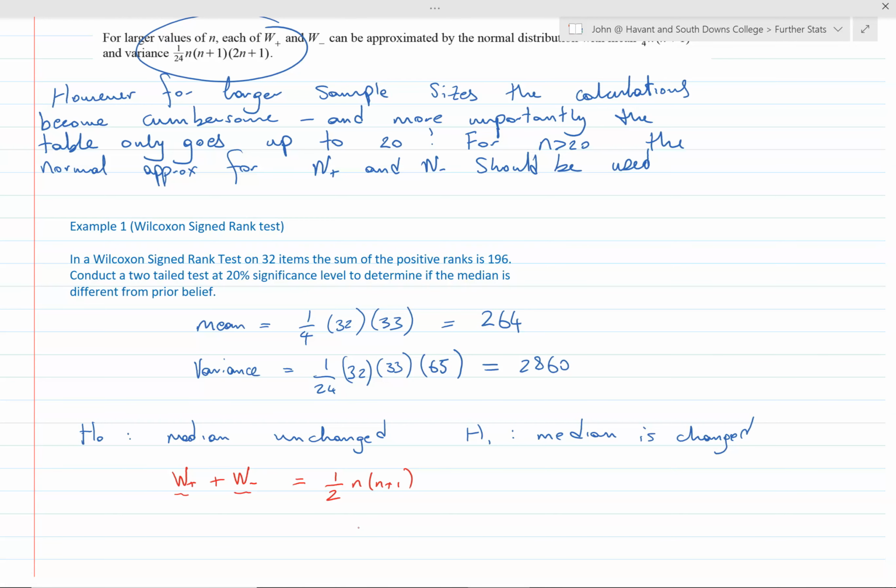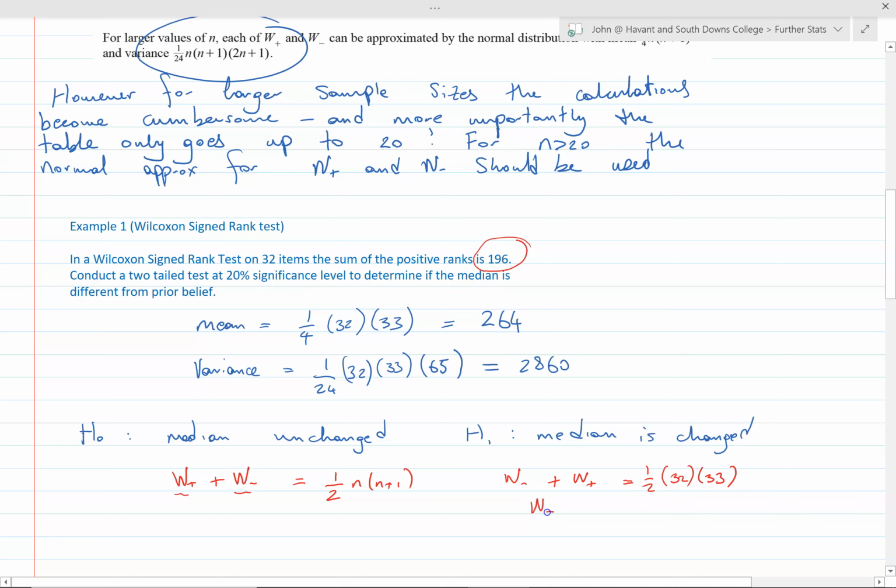Why am I mentioning it now? Well, because we could, if we wanted to, work out the sum of the negative ranks using this. If we start from scratch, W minus plus W plus will be equal to half times 32 times 33.